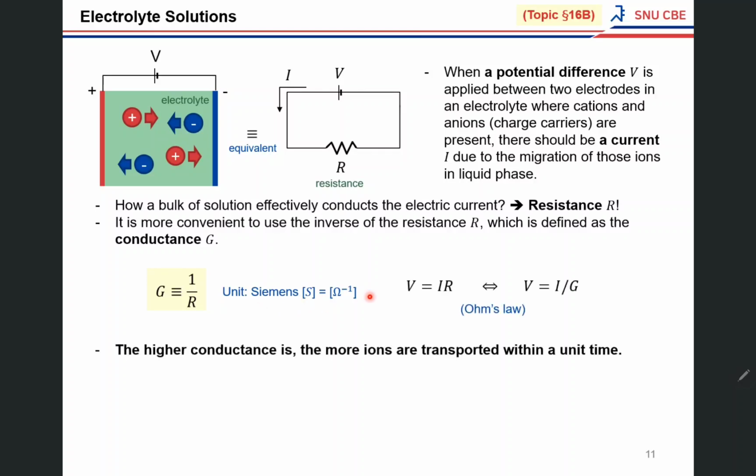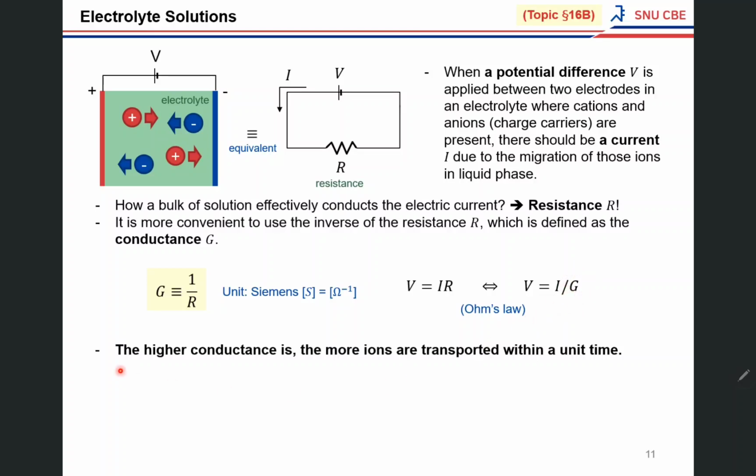Here the relation between the voltage difference and the amount of current has a proportionality relation that you know as Ohm's law. In terms of the conductance, you can write the same Ohm's law as V equals I divided by the conductance.